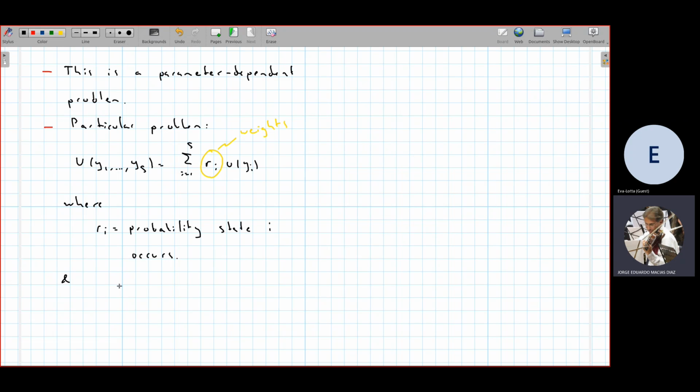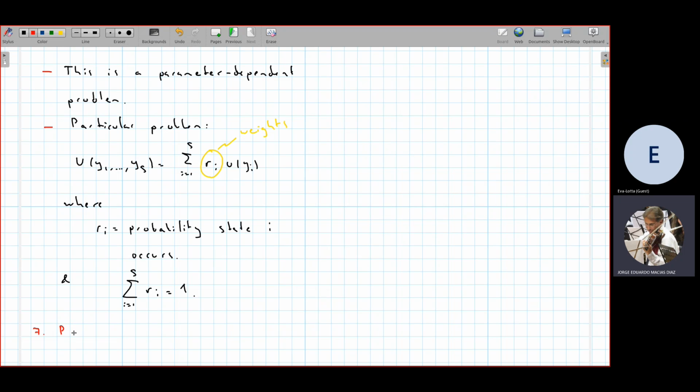And as you can imagine, the sum of all the probabilities must be equal to 1, right? Okay, very well. So this is another example. I still have time to mention one more example.